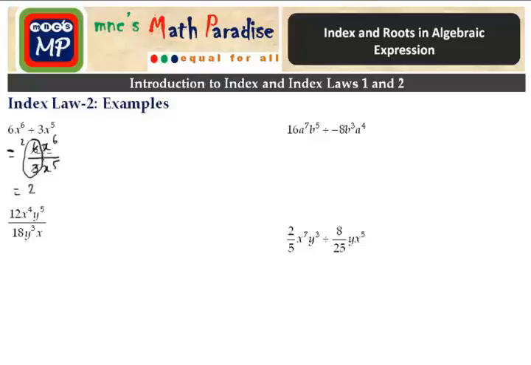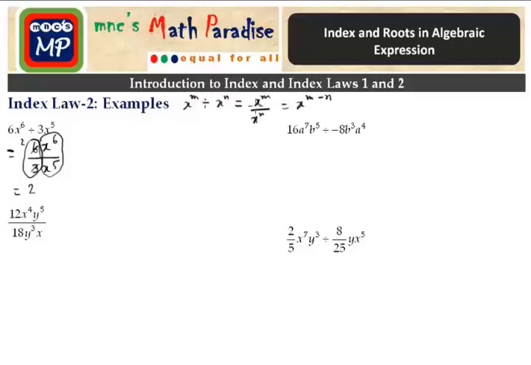And here we have x to the power 6 divided by x to the power 5. For this part we will use index law 2, that means x to the power m divided by x to the power n is x to the power m minus n.